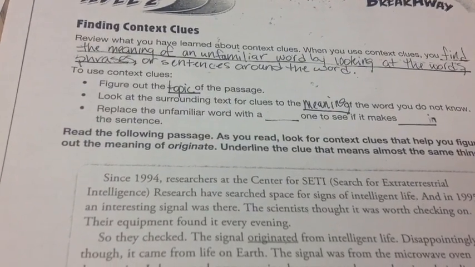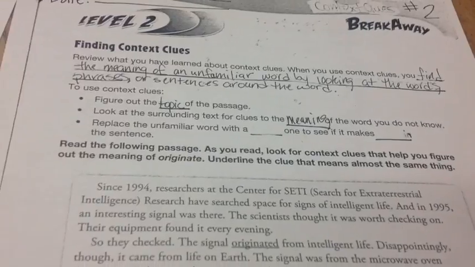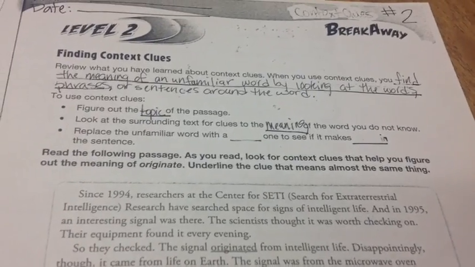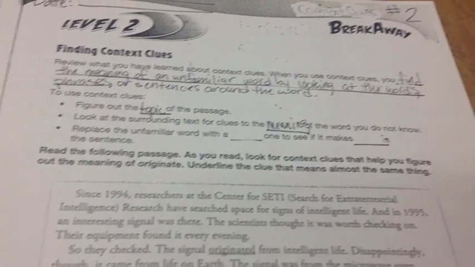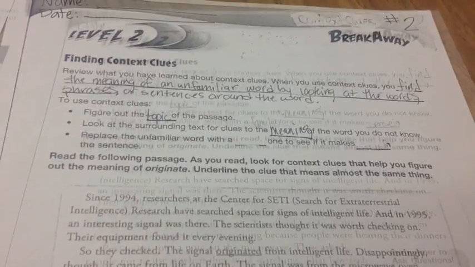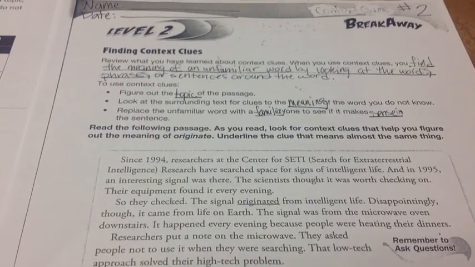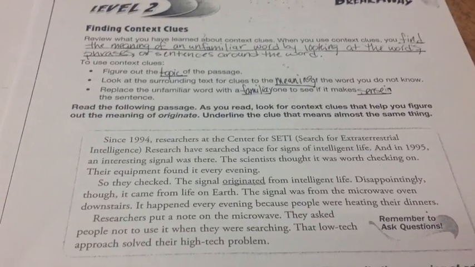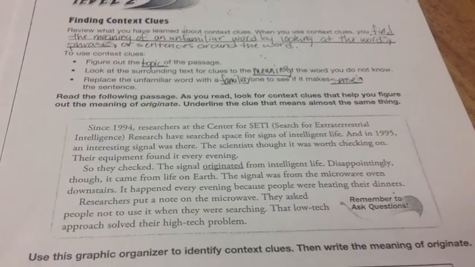Replace the unfamiliar word with a familiar one to see if it makes sense in the sentence. Go ahead and write in familiar and sense now. Okay, after you write in familiar and sense, let's go ahead and look at the next directions.